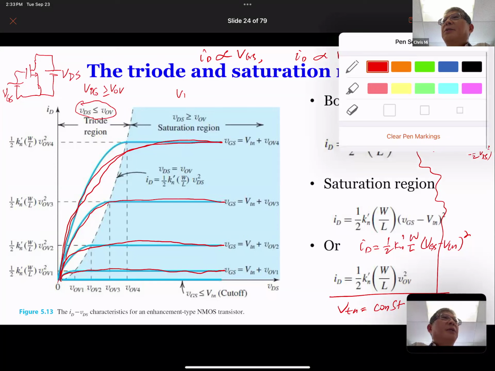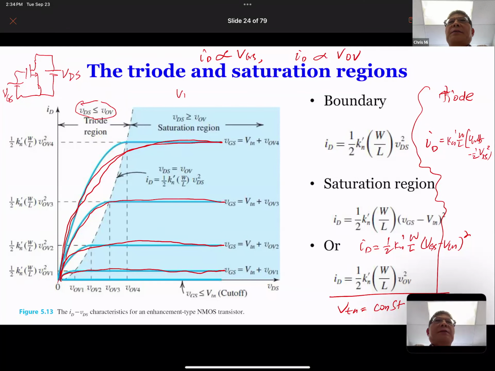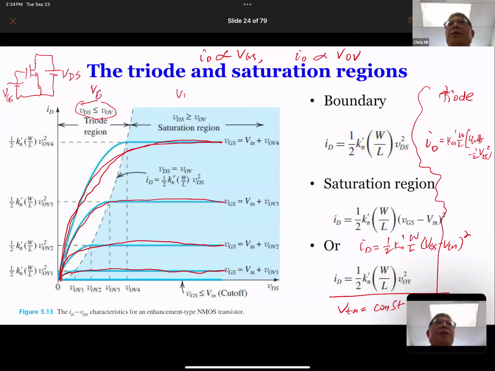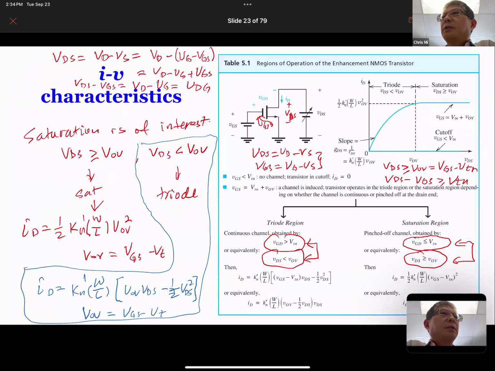We have to make sure that we get the things correct. So VGD has to be larger than VOV, or we have VGD less than VOV. Right? So VGD less than VTN.